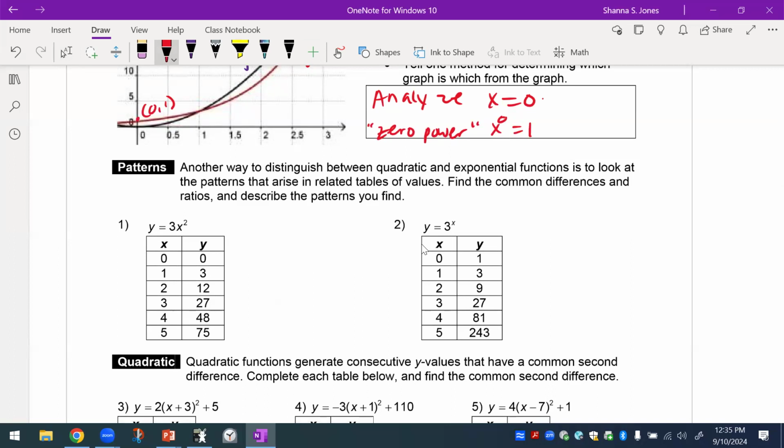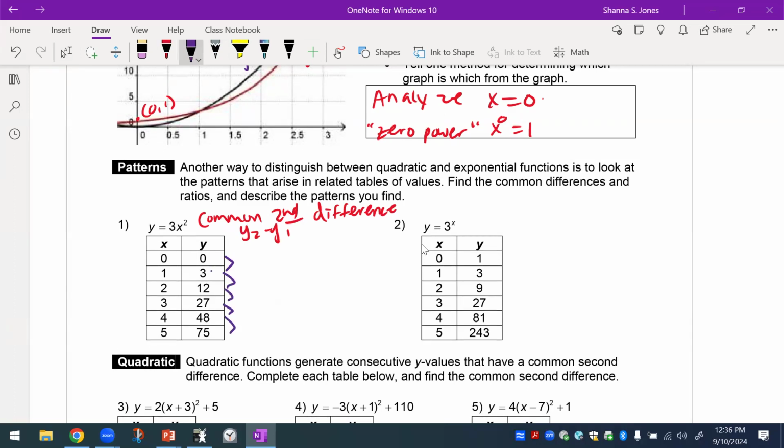With the quadratic, you have what's called a common second difference. That means that when you have subtracted y2 minus y1 twice, you're going to start getting the same values. Does that make sense? So let's model that. I'm going to find the difference from here to here, here to here, here to here.